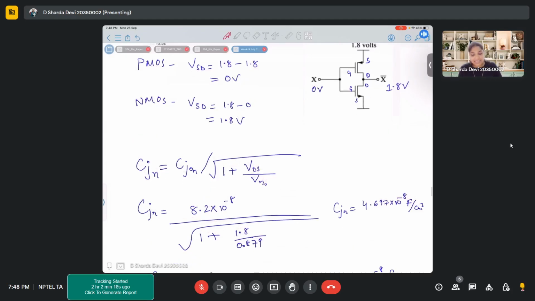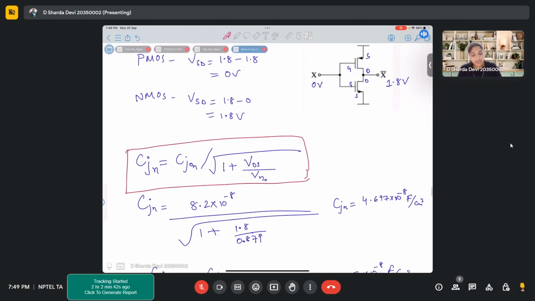Junction capacitance is influenced by your applied potential, and that formula is given by Cjn equal to Cj naught by root under 1 plus VDS upon Vn naught. If your applied voltage is 0, you will get junction capacitance equal to Cj naught.